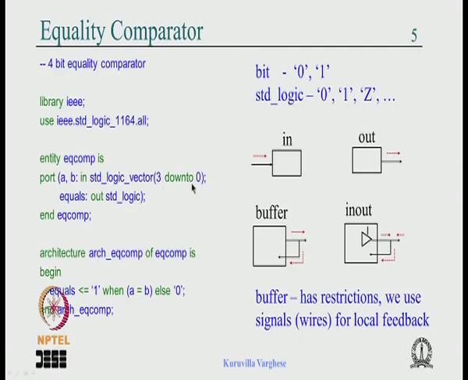When you write 0 to 3, the most significant bit is the 0, that means whichever comes on the left hand side, and the least significant bit is the 3 which is on the right hand side. So the rule is simple: whatever you write on the left hand side is the most significant bit, and whatever you write on the right hand side is the least significant bit.